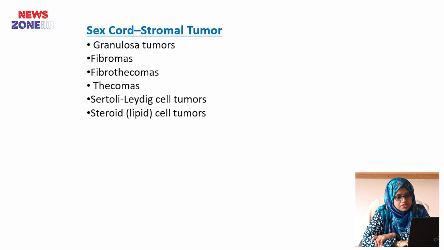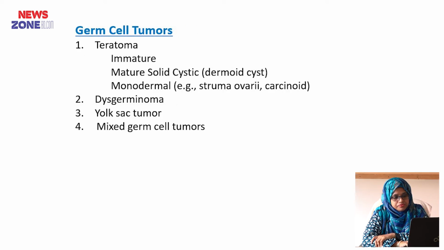Now, the sex cord stromal tumor. The sex cord stromal tumor can also be classified into granulosa tumor, fibroma, fibrothecoma, thecoma, Sertoli-Leydig cell tumor and steroid cell tumor. Then the germ cell tumor. The germ cell tumor are classified into teratoma, dysgerminoma, yolk sac tumor and mixed germ cell tumor.